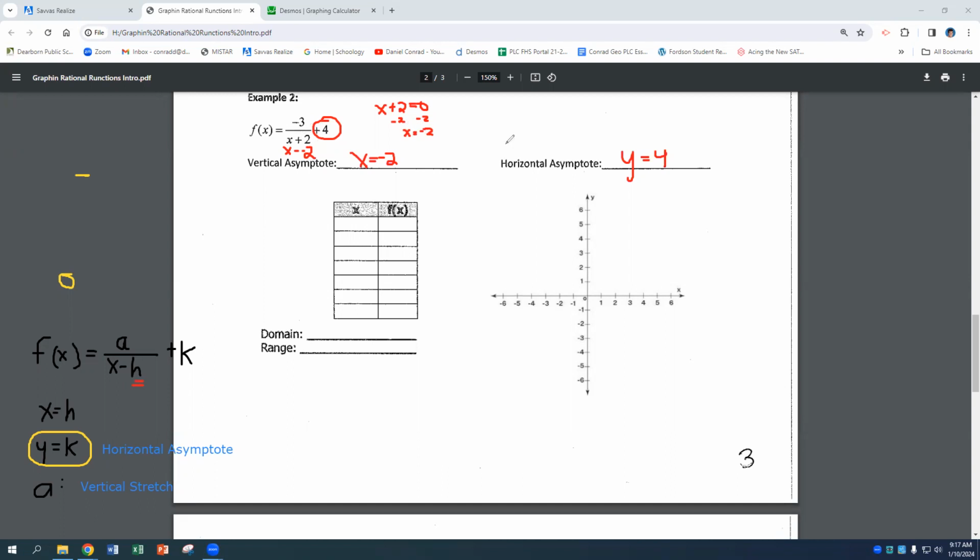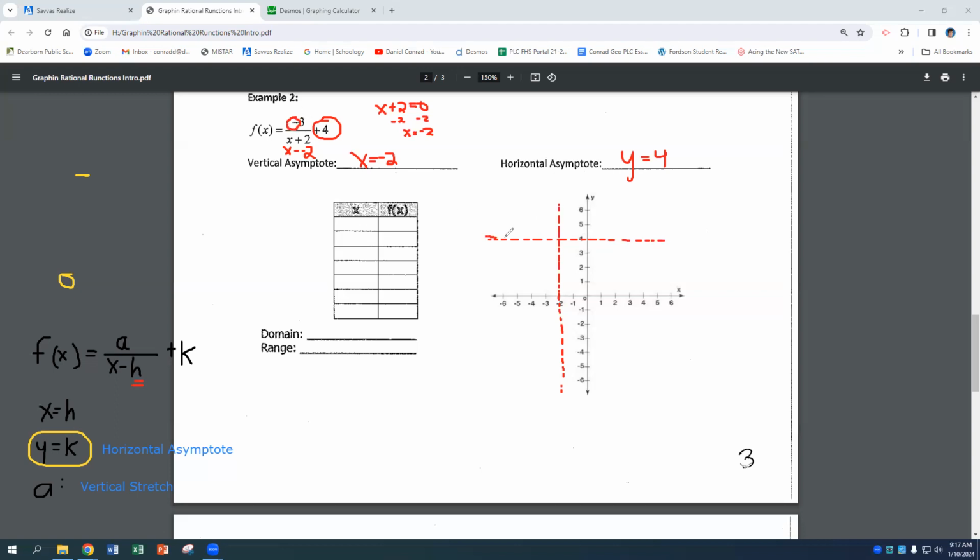Okay, and then the graph, I'm going to plot those asymptotes. So negative 2 is my vertical, and 4 is my horizontal. Okay, this is negative.